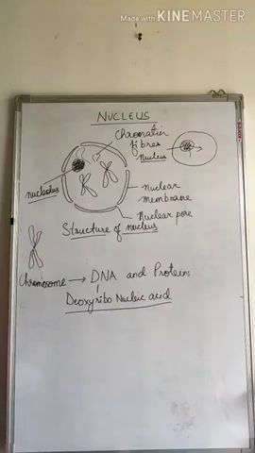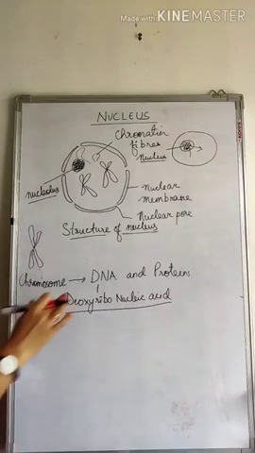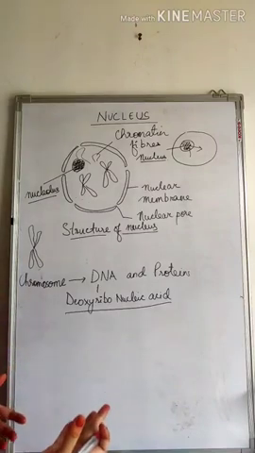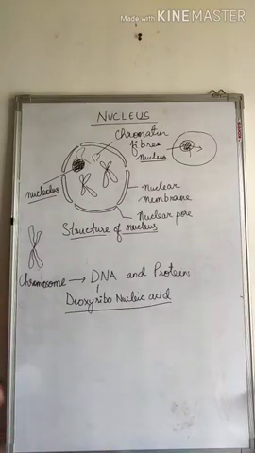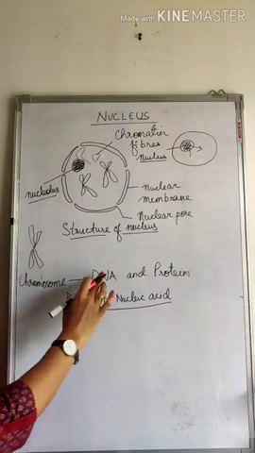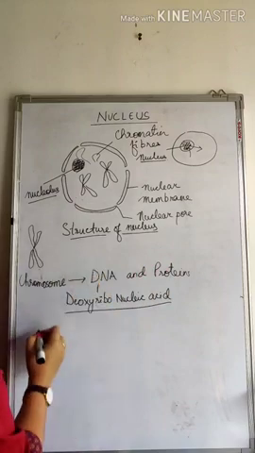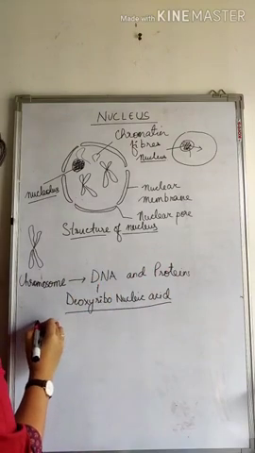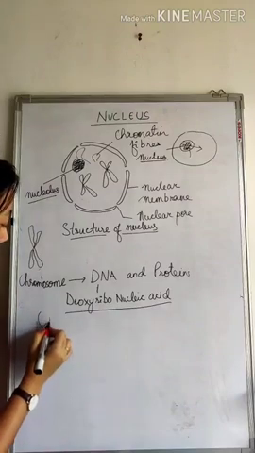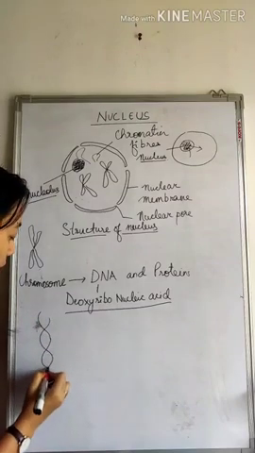Okay, so this particular DNA, you must have heard about something called as gene, which is the inheritance unit. So what is this gene now? Okay, I already told you chromosomes are made up of DNA and protein. Chromosomes are basically thread-like structure. So DNA has a helical-like structure like this.